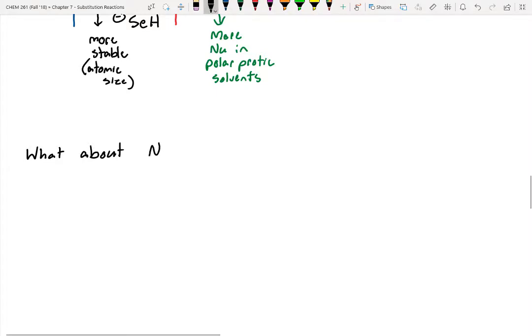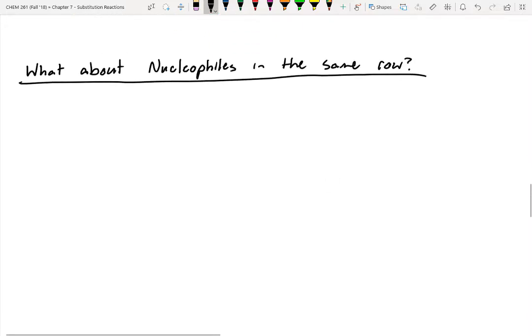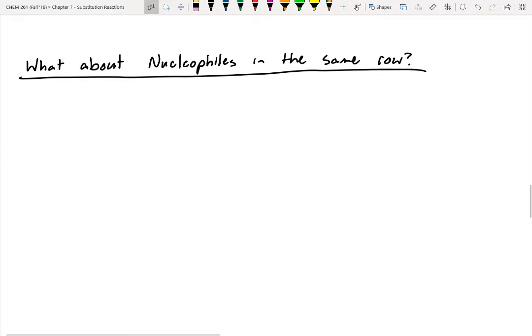What about nucleophiles in the same row? All right, so I'll kind of show you what I mean by this. Let's do NH2 versus OH versus F minus.